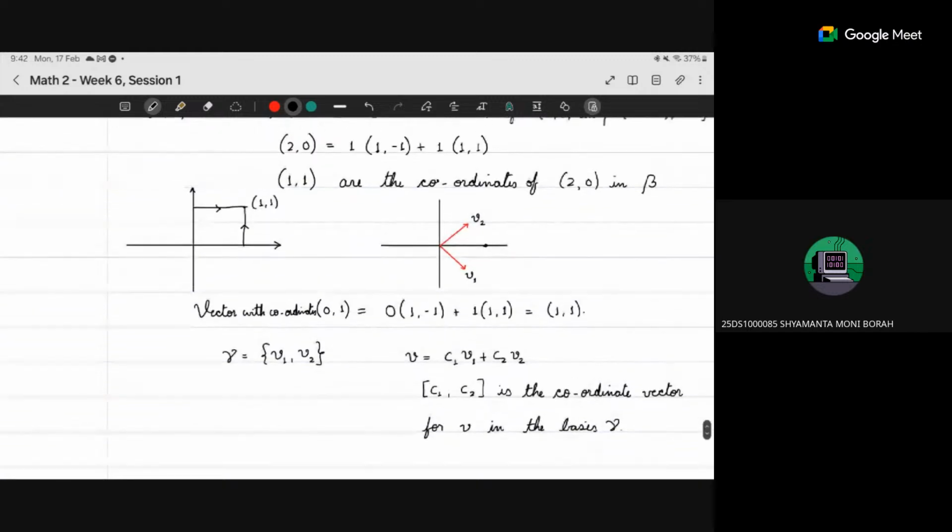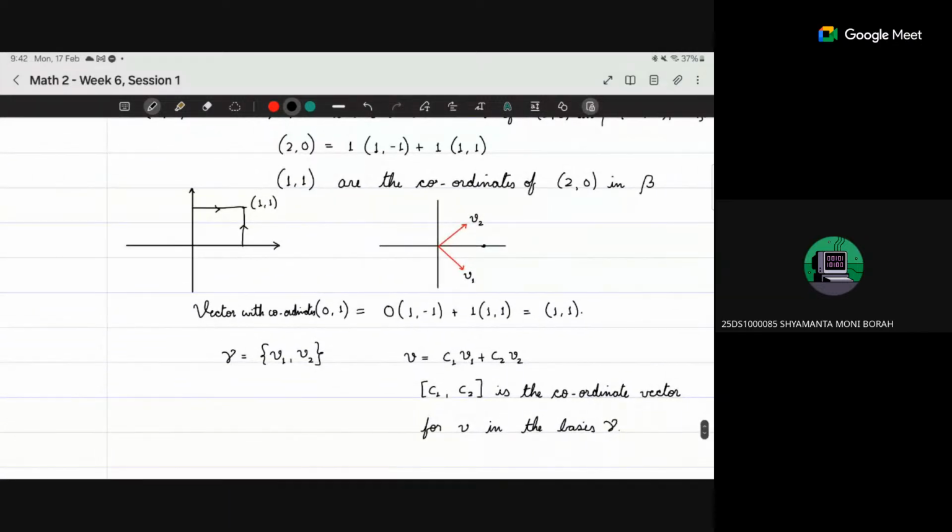Visually, you're looking at how this v1, v2 spans the whole space, and what scales of v1 and v2 you need to use to get the given vector.